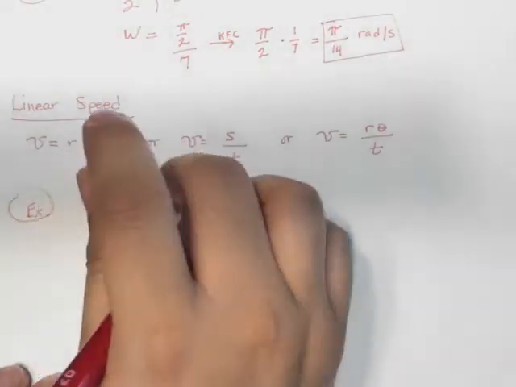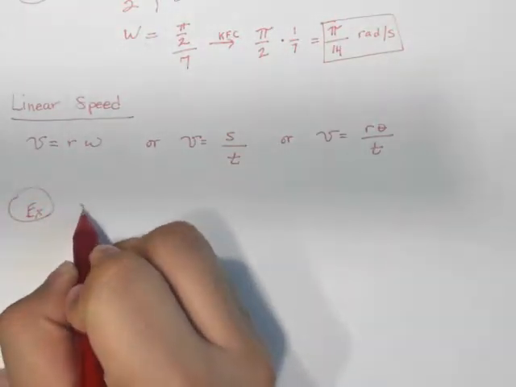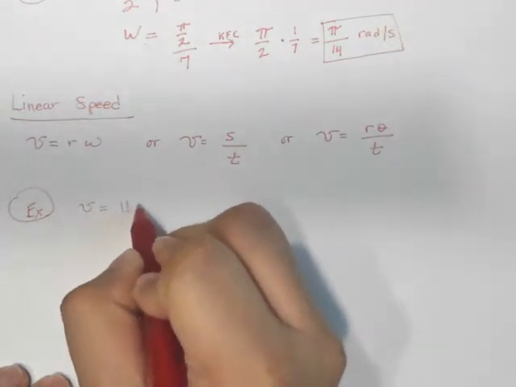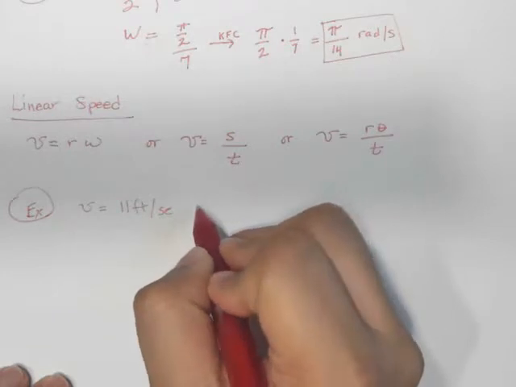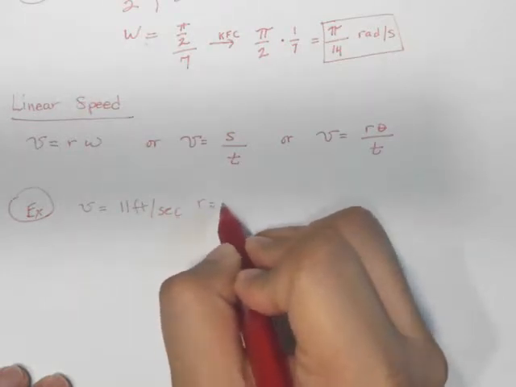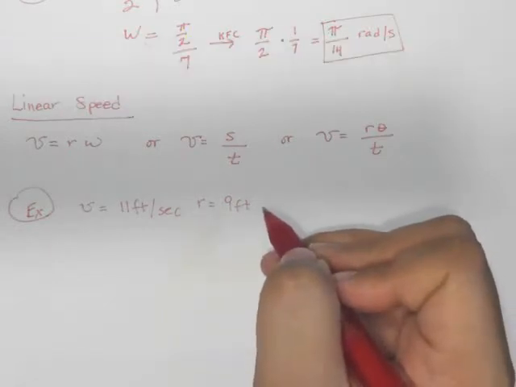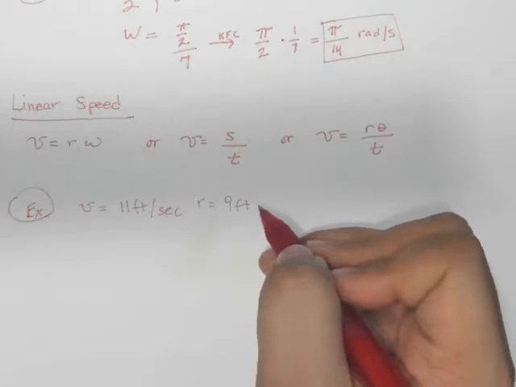Suppose I have a linear speed of 11 feet per second, and a radius of, suppose, 9 feet.